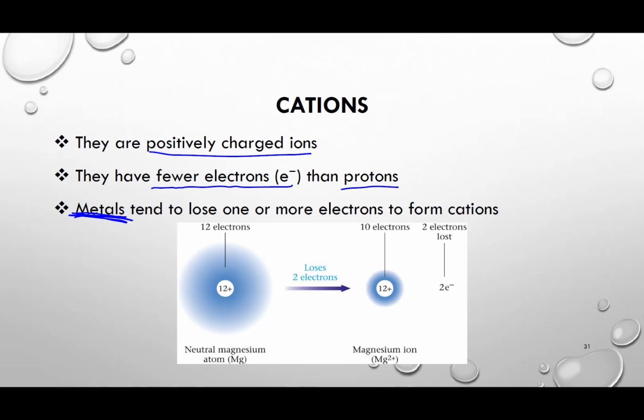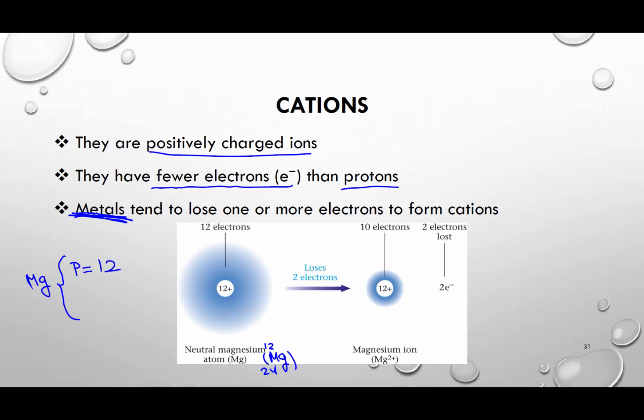Now look here. For this specific example, it's magnesium and the magnesium ion. Let me write it down here. The magnesium atom, if you look at the periodic table, is 12 and 24. Look at the atomic number, it's 12, so it has 12 protons.